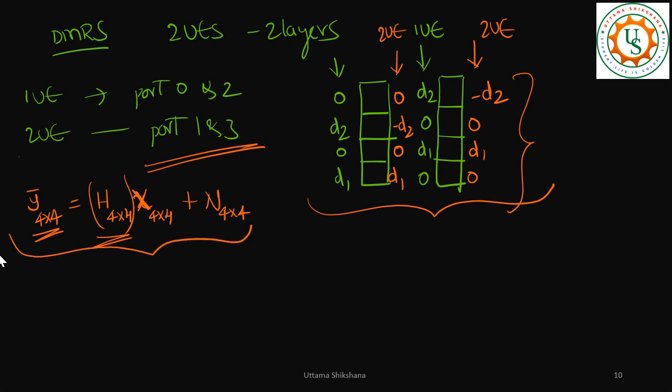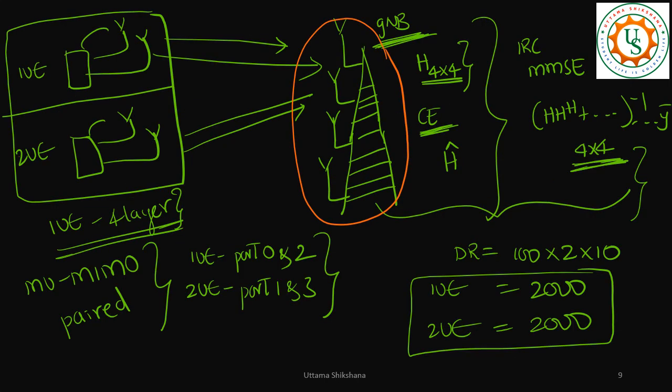But how to get this? We need to write the equations over here. For the first UE, port 0. Basically it's not just port 0. If I go back here, we have y1, y2, y3 up to y4, right?